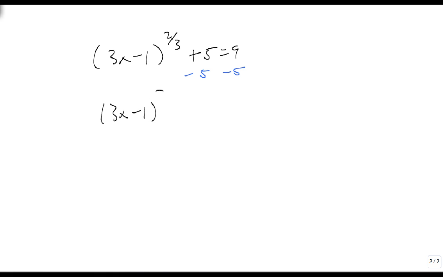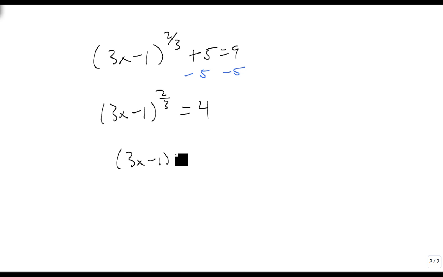Well, what about (3x minus 1) to the 2/3 plus 5 equals 9? And again, we do the same thing. Get the rational power by itself. So (3x minus 1) to the 2/3 equals 4. And here what we're going to do is swap this.